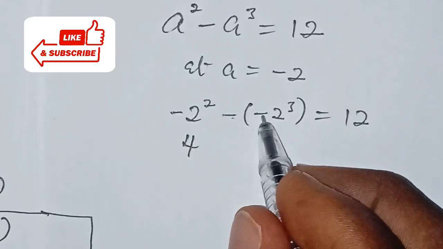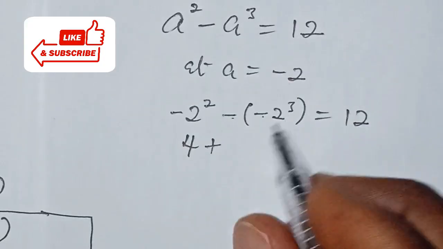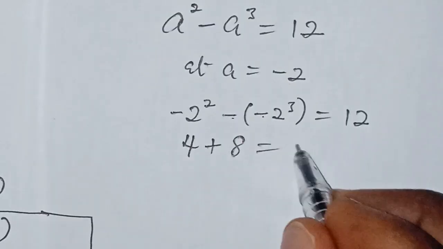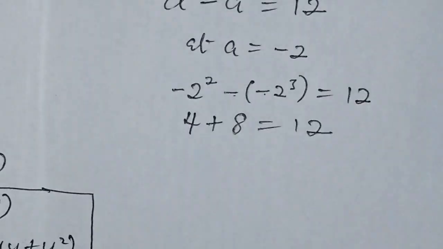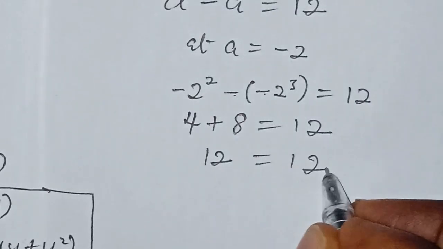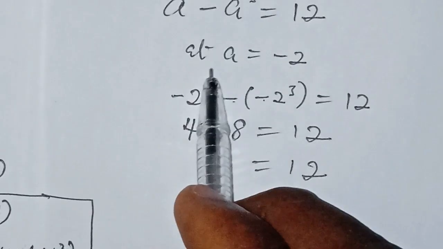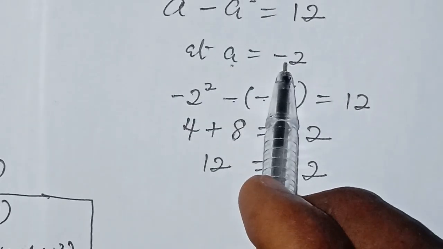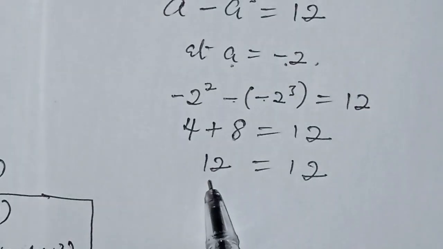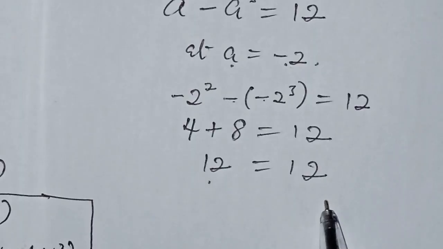The minus multiplied by the minus 8 gives us positive 8. So 4 plus 8 equal to 12, which is equal to 12. This means the value of a equal to minus 2 is correct, as the left hand side is equal to the right hand side.